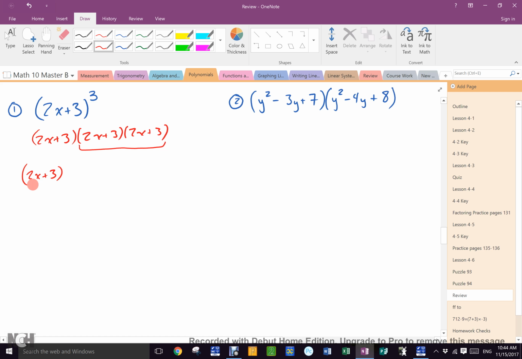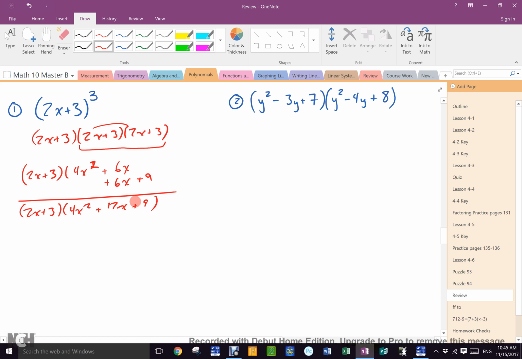You don't have to do it that way. It doesn't matter. So then I get 4x squared plus 6x plus 6x plus 9. 2x plus 3. 4x squared plus 12x plus 9.